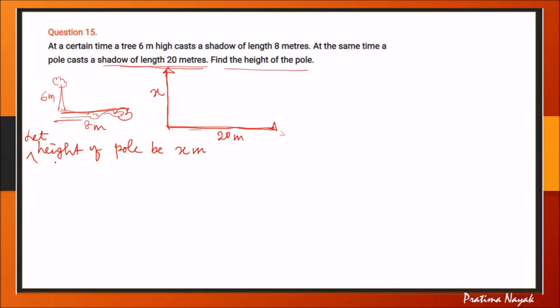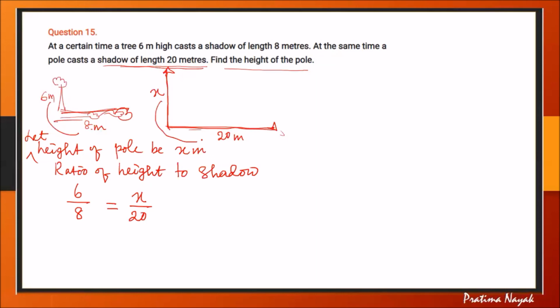Then the ratio of height to shadow will be equal in both cases. So it will be 6:8 is equal to x is to 20. Now cross multiply: 8 multiplied by x is equal to 6 multiplied by 20.